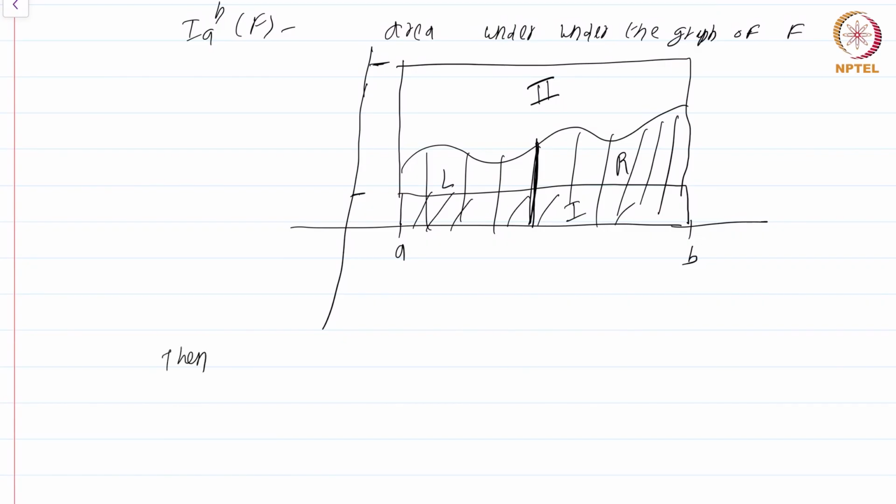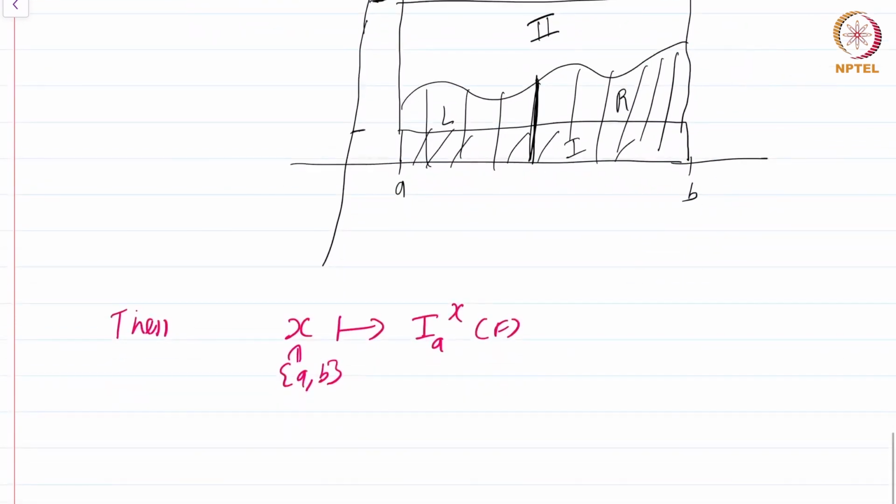Then the conclusion. So let me move back to red because we are at the conclusion stage. Then the conclusion of this theorem is as follows. Look at the function x going to I_a^x of f, x coming from the closed interval [a, b]. So what you're doing is you're taking the given point x, which is there in the interval [a, b], and mapping it to the area under the graph of f, but only till x, not all the way till b.